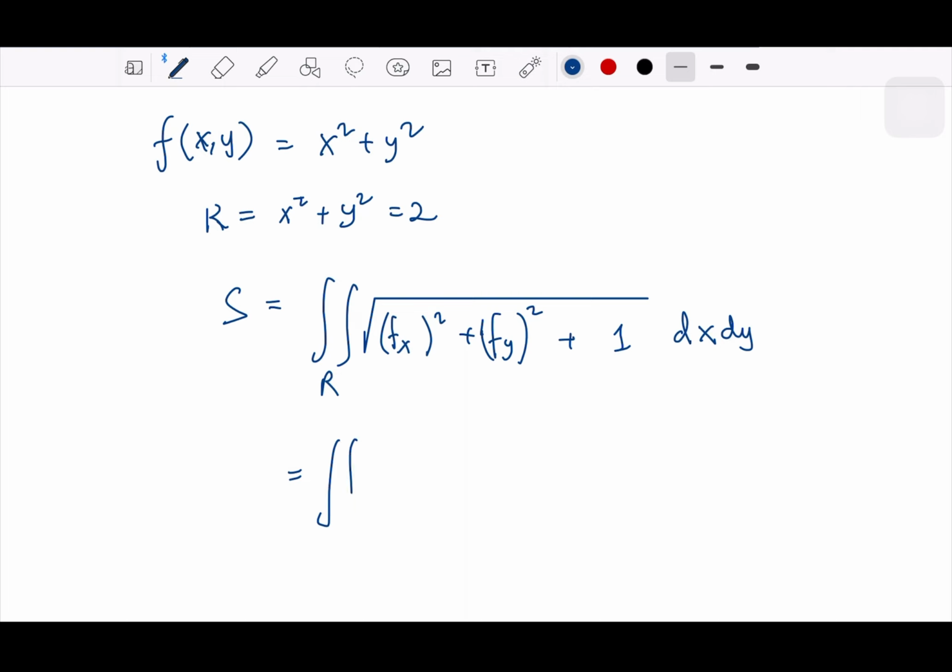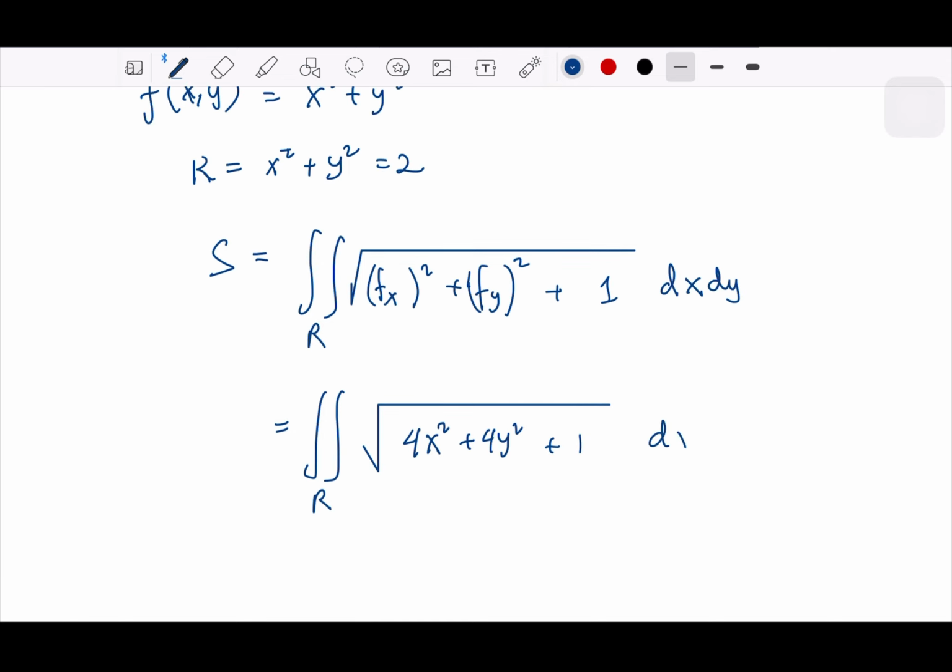So we can get the results. For partial x we get 2x, and we get the square root of 4x squared plus 4y squared plus 1, dx dy.